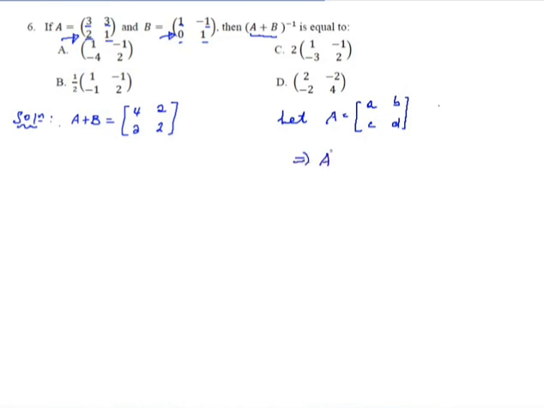A inverse is equal to 1 over the determinant of A times: we interchange the places of the diagonal entries, and the other entries stay in place but we make them negative. This is the inverse of a 2 by 2 matrix given here.